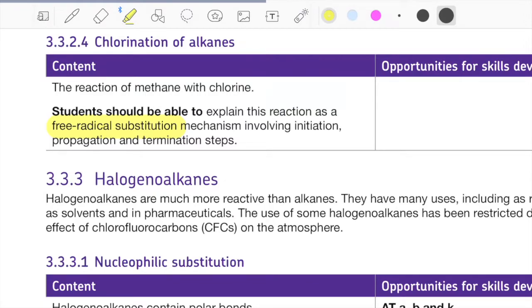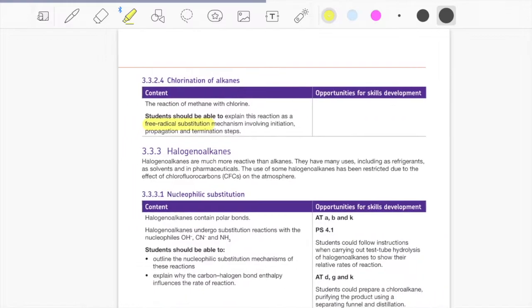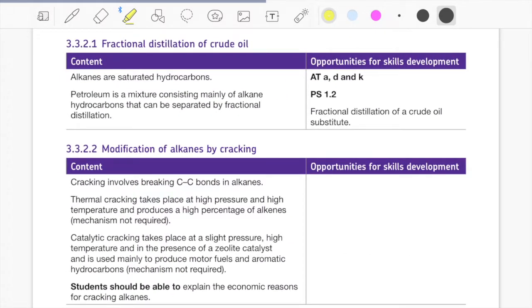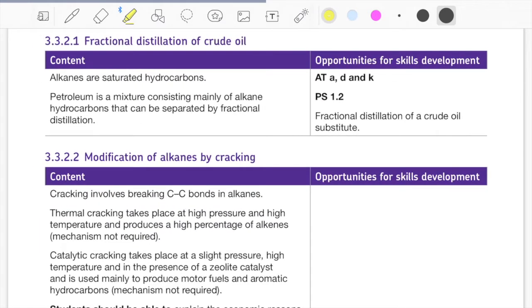Going back to what we're looking at today, first thing to say is you've done quite a lot of this at GCSE, even if you did combined rather than triple. You did alkanes themselves, and you learned about them having a general formula of CnH2n+2.